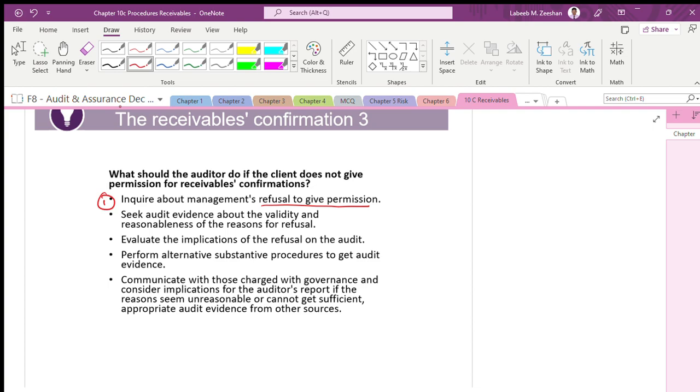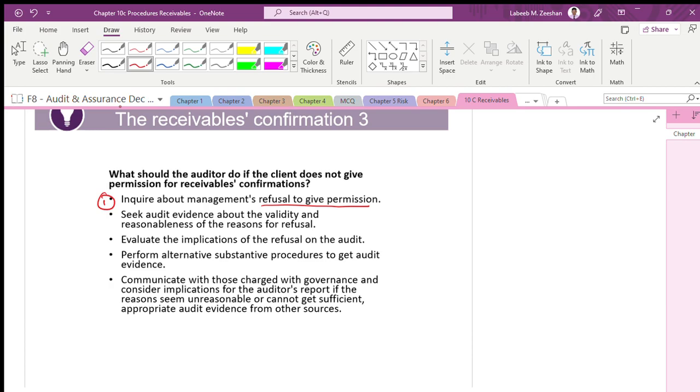Understand? This is the basic concept. With the knowledge of the management, you can approach the third party, and the third party will directly address this to the auditor. But the information should be known to the management. First, you have to inquire about the management refusal.